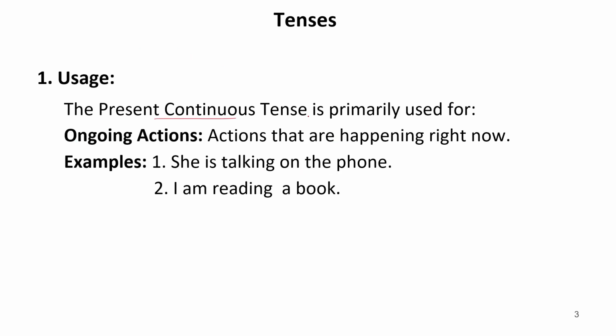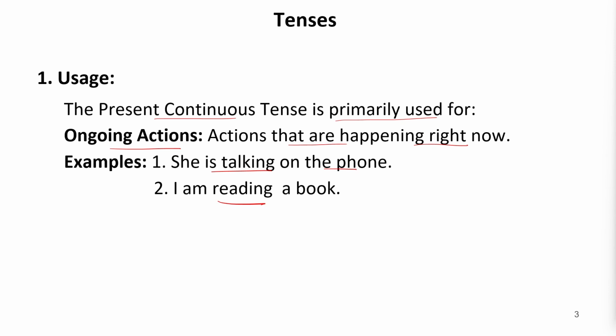Usage: the present continuous tense is primarily used for ongoing actions, actions that are happening right now. For example, she is talking on phone. Maybe she is talking with someone on phone. This is called present progressive tense. I'm reading a book. This is also called present continuous tense.